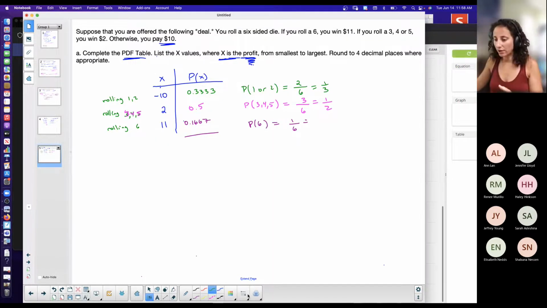Otherwise, maybe there's a rounding error. So the sum of this column is 1, and that's an indication to see if you did something right or not. Check that, make sure that adds up to 1.